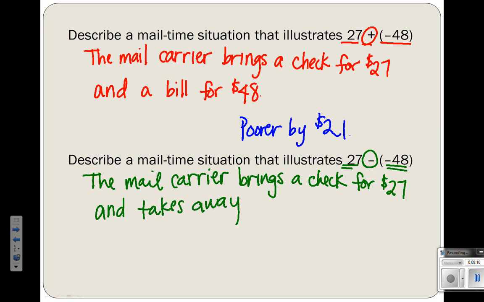What's he taking away? He's taking away a negative number, and the negative number illustrates a bill. So he takes away a bill, which we all wish would happen, for $48. So if he brings you a check and takes away a bill, then you've got more money. Okay, so in this case, you're going to be richer by $75.